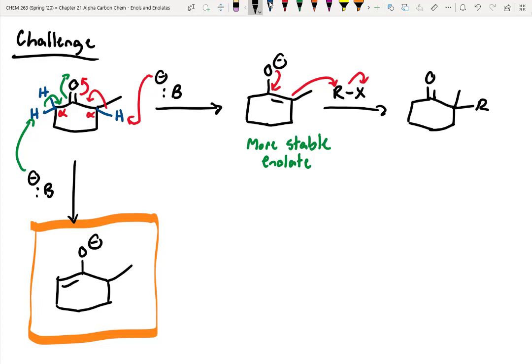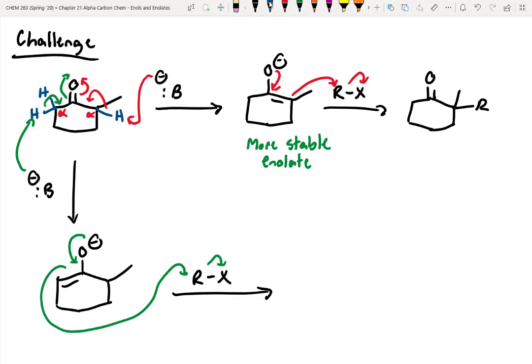However, what if there's some sort of probability that this product could end up doing a similar reaction? And we would end up with alkylation on the other side. Whoops, this R group should be over here, not on that right-hand side. All right, so we've got these two theoretical products.